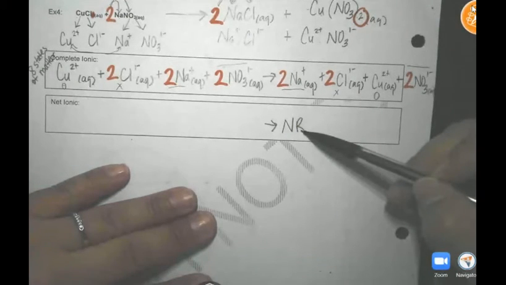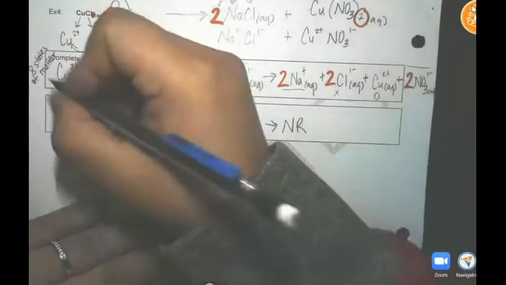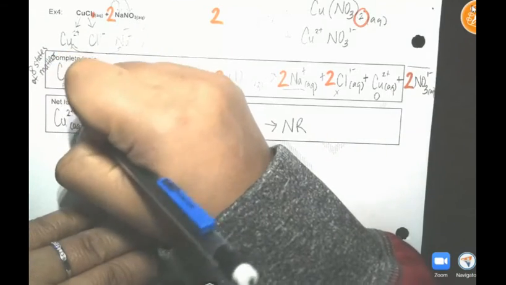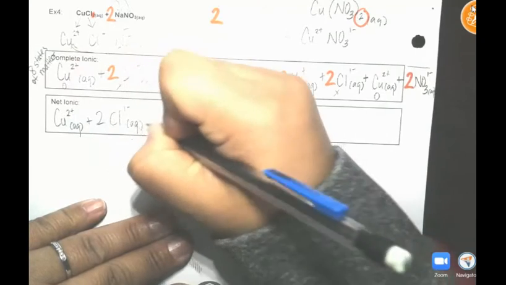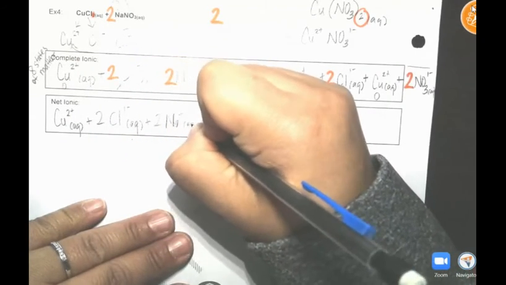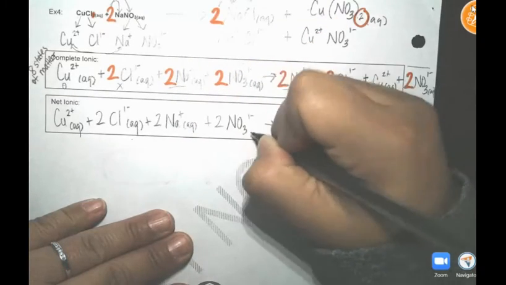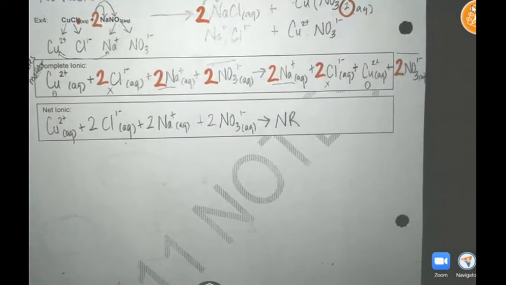So this is a no reaction, but I still have to show the left side. So all I have to do now is rewrite this here. So I have Cu 2 plus aqueous plus 2 Cl 1 minus aqueous plus 2 Na plus aqueous plus 2 NO3 1 minus aqueous.